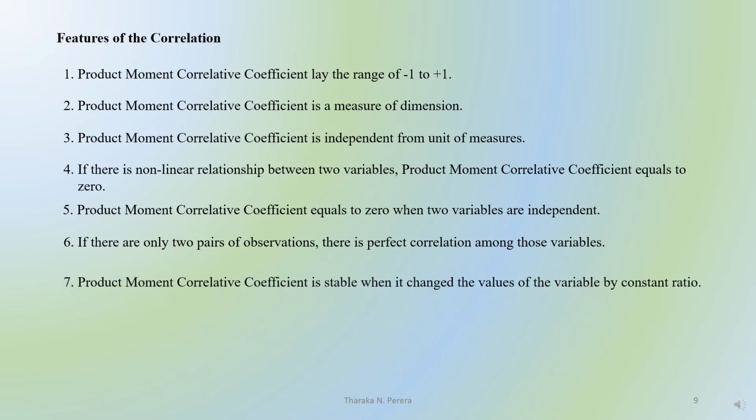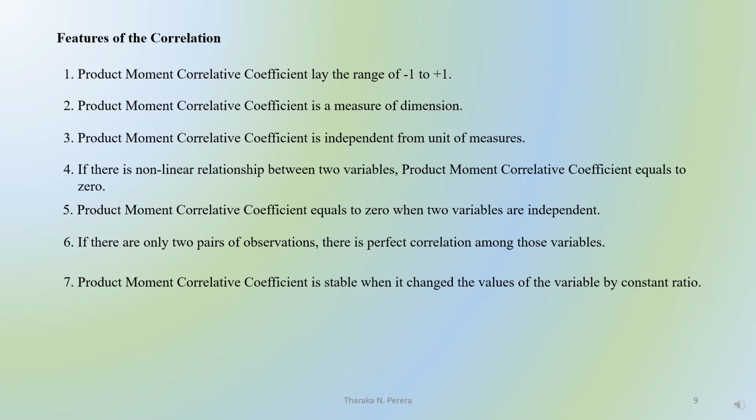And seventh one, the product moment correlation coefficient is stable, not changed, when we change the values of a variable or variables by a constant ratio. As an example, suppose there are two variables known as x and y, and the correlation between x and y is r. Then the correlation coefficient between 2x and y, or x and 2y, or 2x and 2y is not changed.